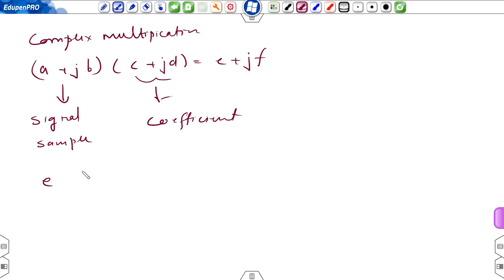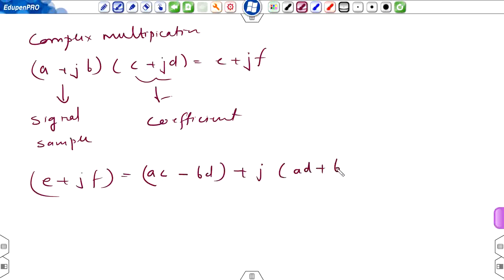If we expand this bracket, the result will be AC minus BD plus j times the imaginary part, AD plus BC.